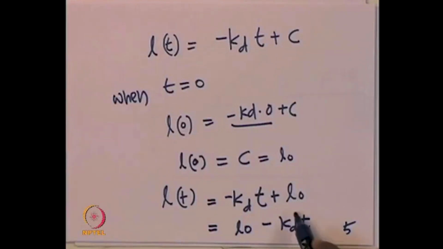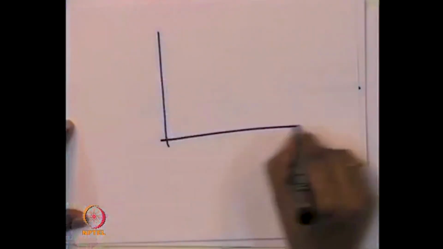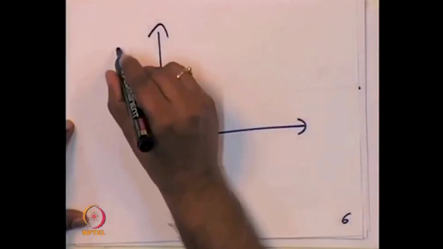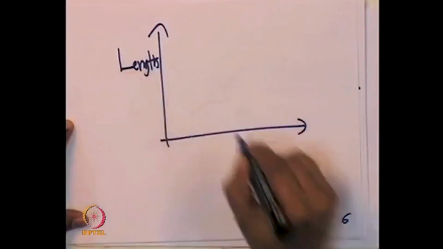So m has a minus sign here, and this will look like a decreasing function. Let us see how this plots. When we plot it, what do we get? Have a look here. We can plot length versus time again, the length of the polymer versus time.